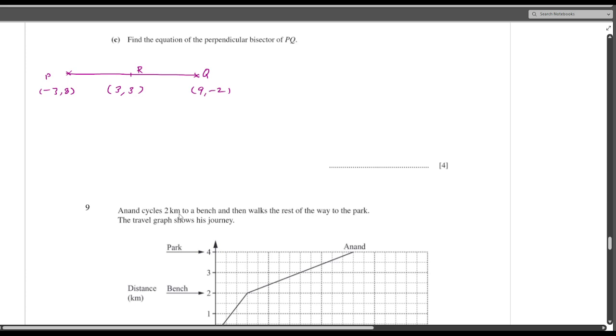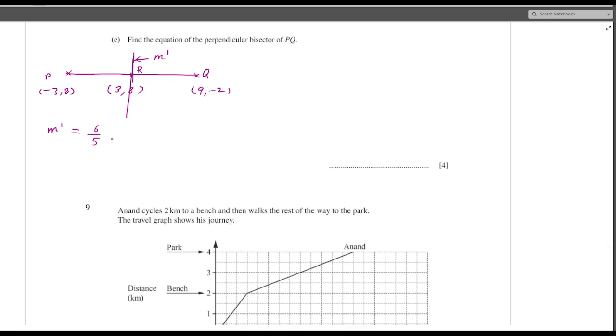So gradient of the perpendicular line, which I will say is m dash, okay, here I will draw a perpendicular line, and for this the gradient is m dash, so m dash will be equal to 6 divided by 5, negative reciprocal of gradient of the line PQ. Okay, so m dash is 6 divided by 5.